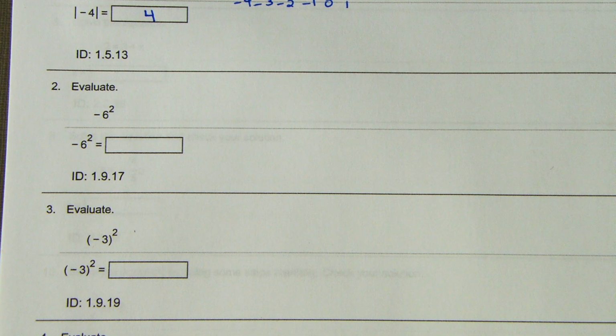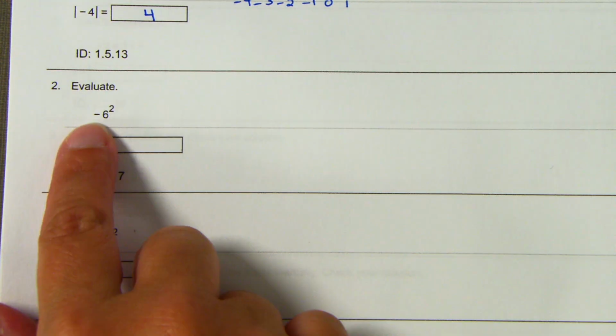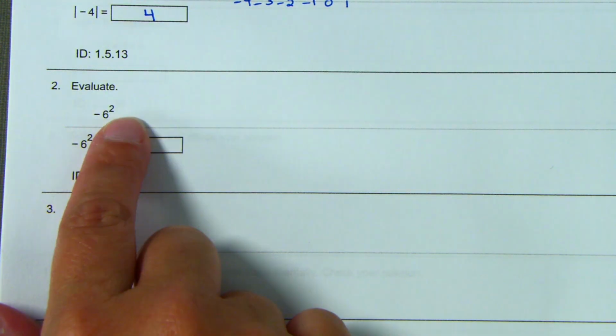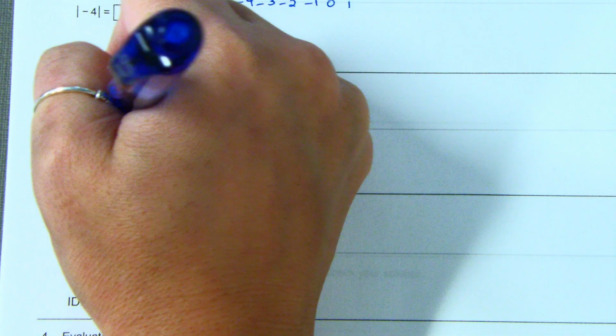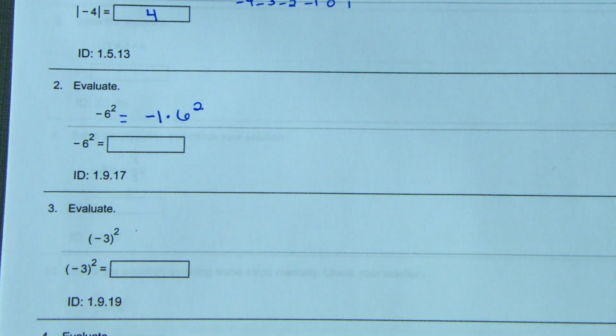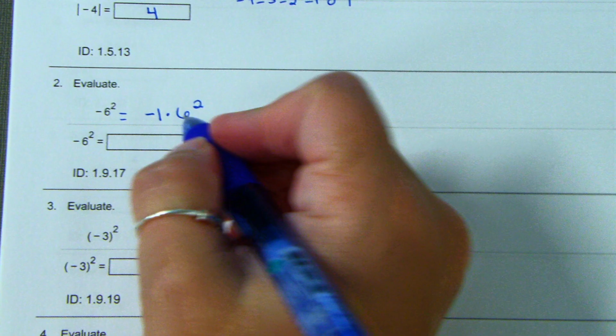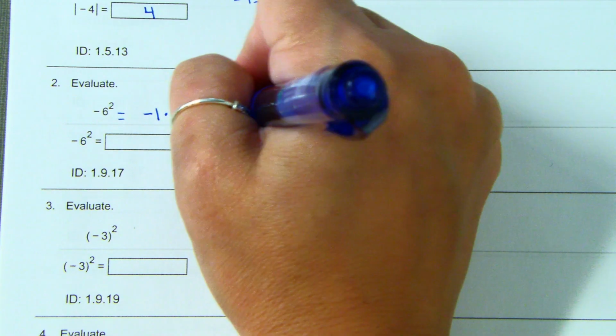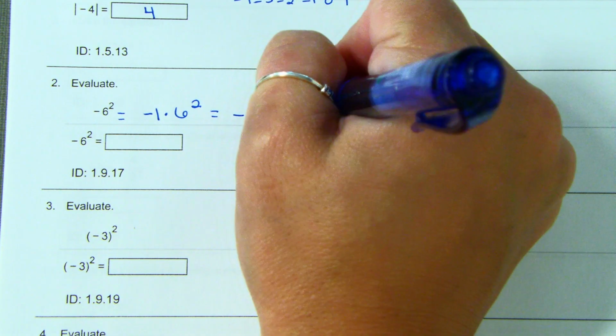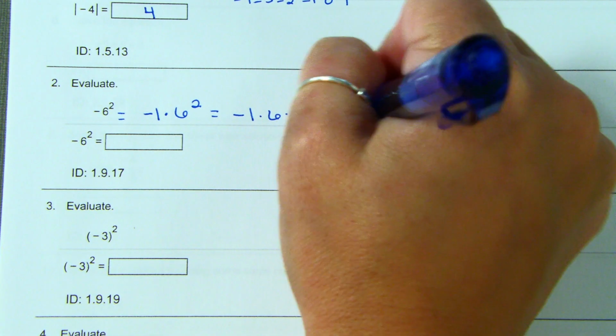Number 2, though, there are no parentheses. So that means that negative right here has nothing to do with that exponent. Remember, we are able to write this as -1 times 6 squared. Because that negative out there just simply tells us we have a -1 attached to this, but since there's no parentheses, that power of 2 only means it goes to the 6. So that'd be -1 times 36, which gives us a grand total of -36.